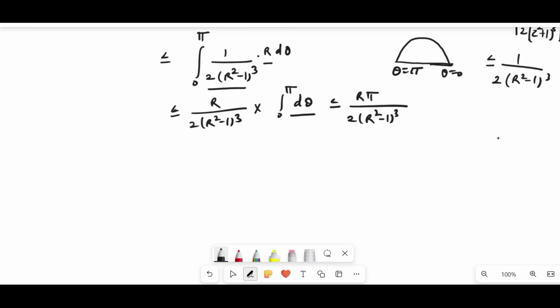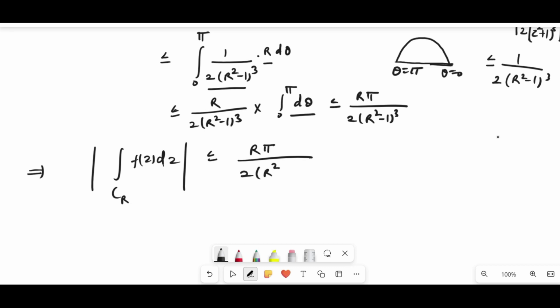And so we can say that the magnitude of the line integral over the curve C with radius r of mod of f of z dz is less than or equal to r pi over 2 times r square minus 1 to the whole power 3.